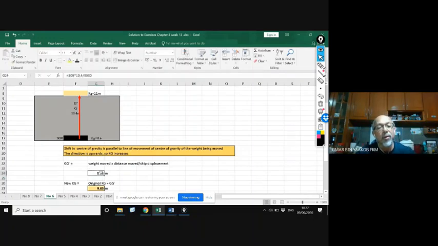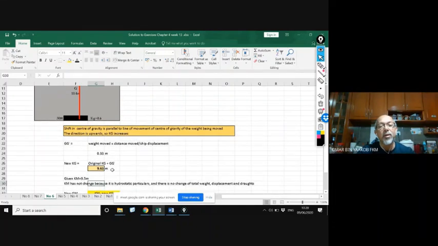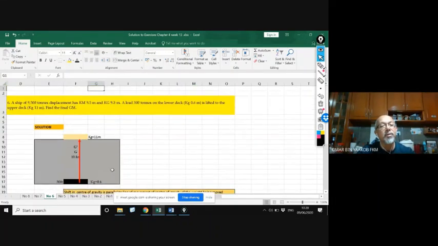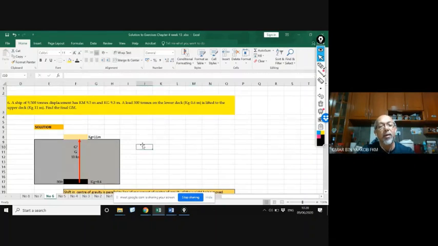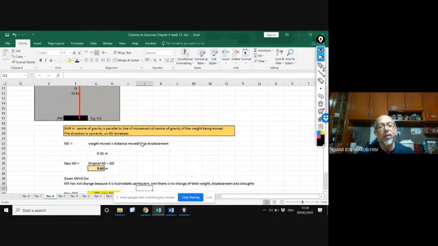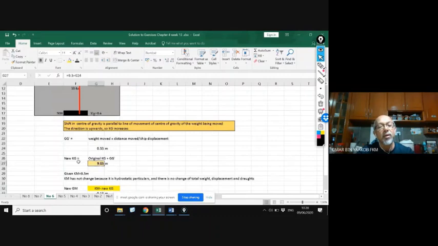So 0.33 meters. And the original KG was given as 9.3. So the new KG is the original 9.3 plus 0.33.